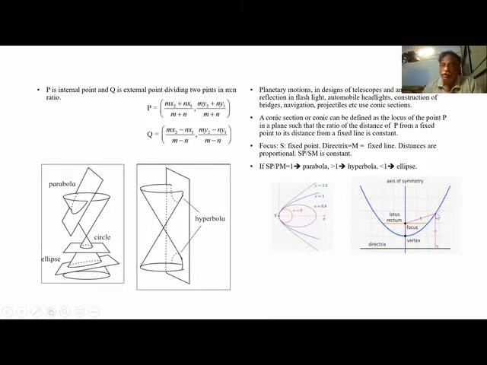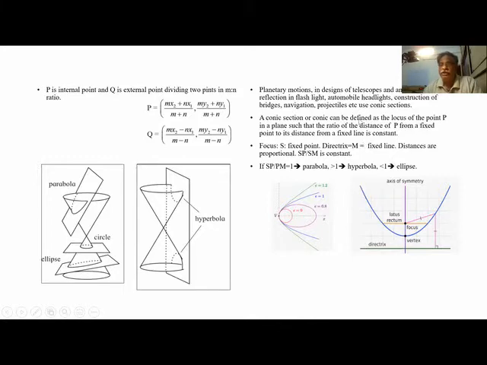Suppose the distance from this point P to the focus F is equal to the distance to this line, then this whole set of points is called a parabola. So the distance from here to the focus is equal to the distance from here to this line. So this is a parabola.